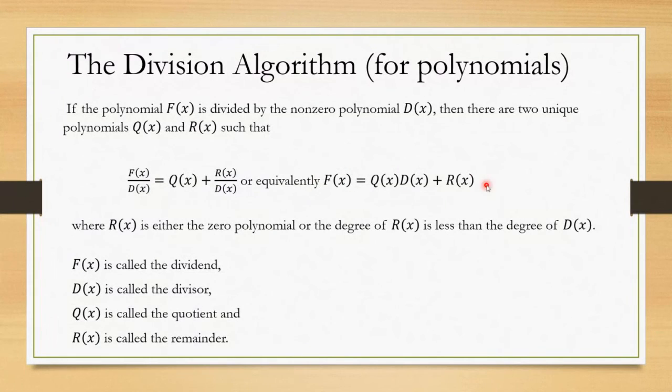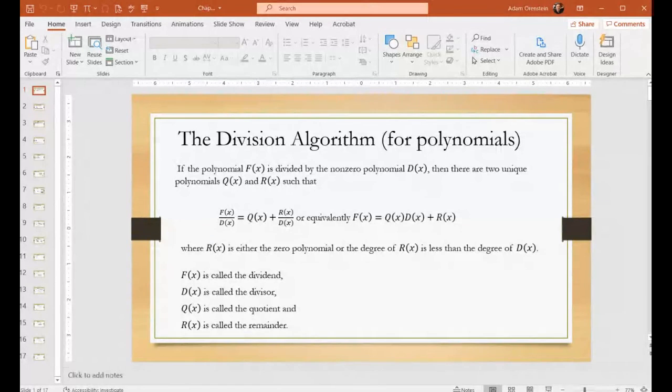You just multiply both sides by d of x. Sometimes this form is a little bit better, but they're both equivalent, so it really doesn't matter which one you use. Here, r of x is either identically 0, the zero polynomial, or its degree is less than the degree of d of x. So that's what happens here.